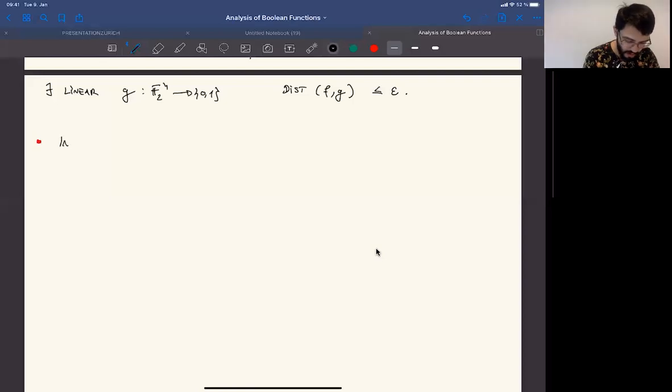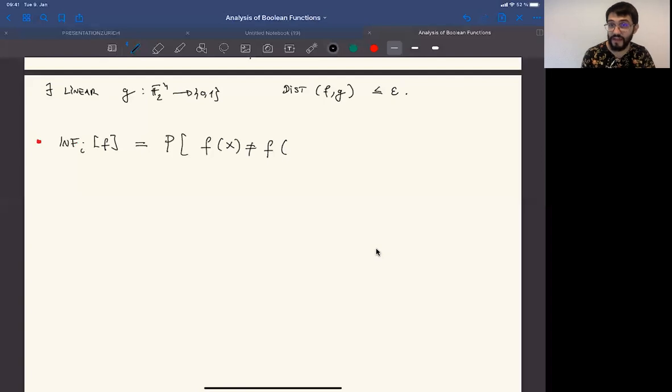So what's the influence of a variable? Okay. That would be, you want to compute the probability that if you flip the variable x_i, so let me use that notation, x_i goes to minus x_i, and x is uniformly distributed in the Hamming cube.